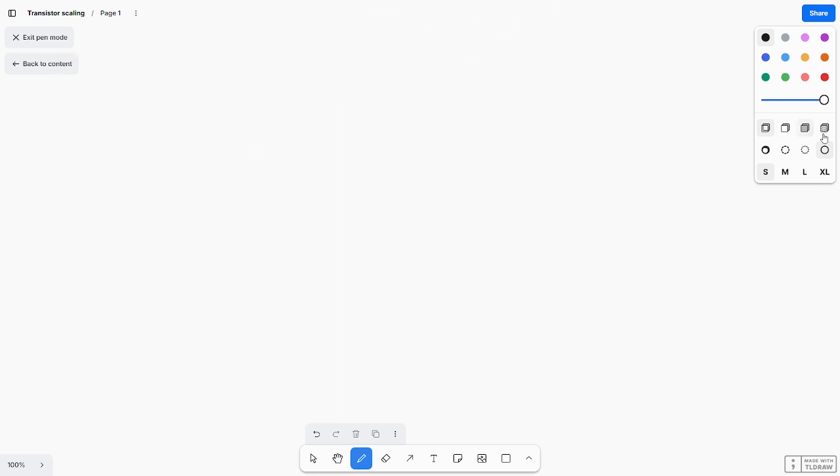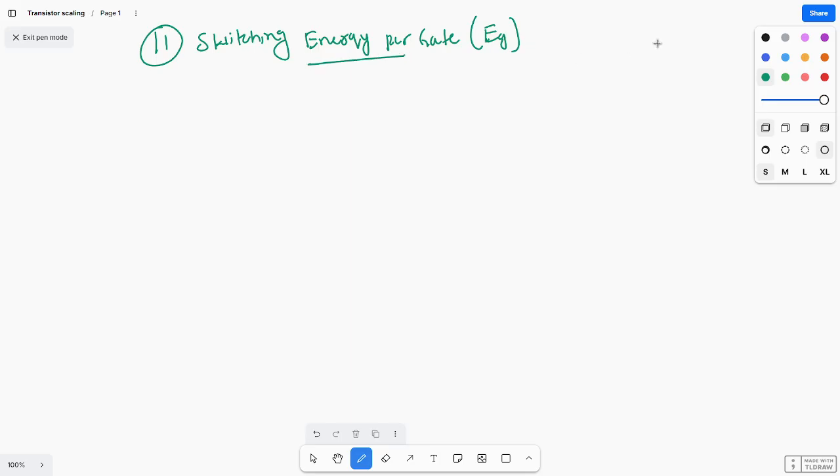Okay, next, switching energy per gate. This is nothing but Eg. Okay, so Eg is given by the formula Eg equal to Cg into VDD square by 2.